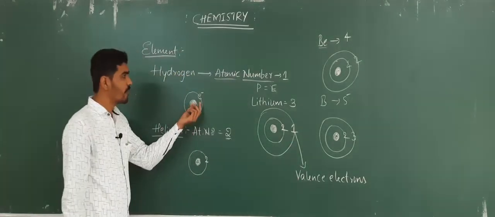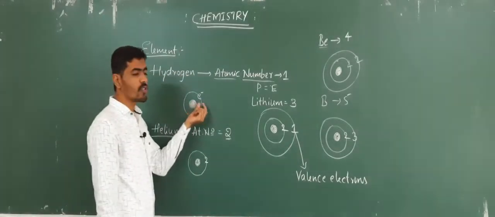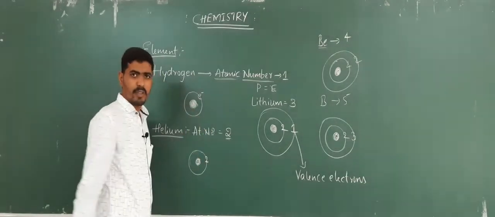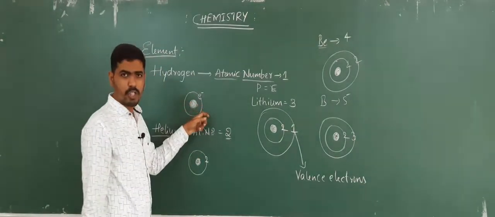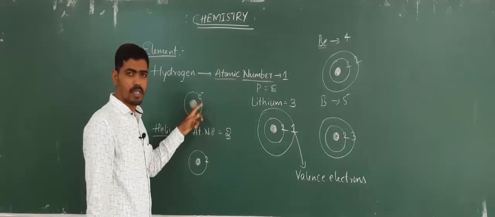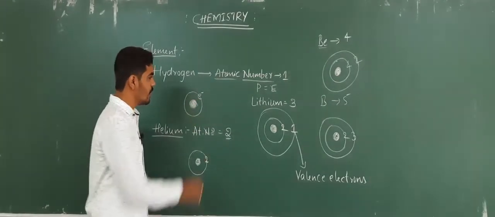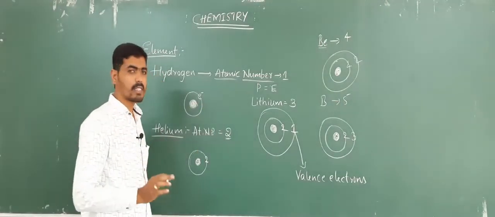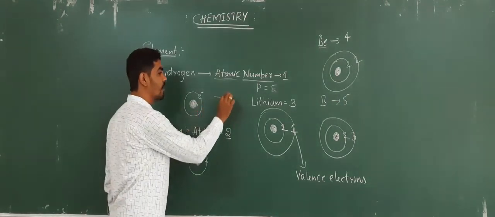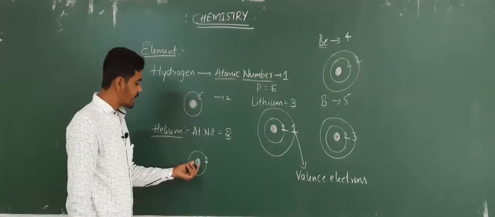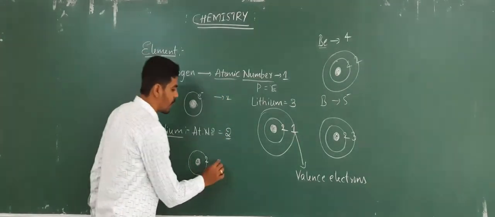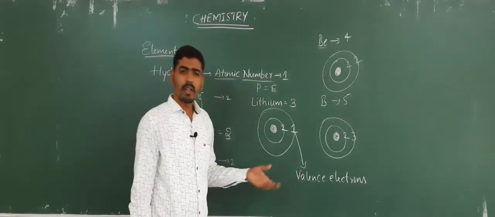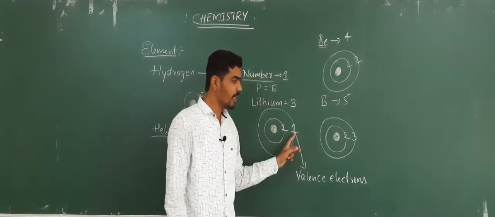So valence electrons means the number of electrons present in the outermost shell. In the case of hydrogen, how many electrons are there in the valence shell? Only one shell is there, so this is the outermost shell, and how many electrons are there in it? 1. So the number of valence electrons in hydrogen will be 1, in helium the number of valence electrons will be 2, and in lithium the number of valence electrons will be 1.